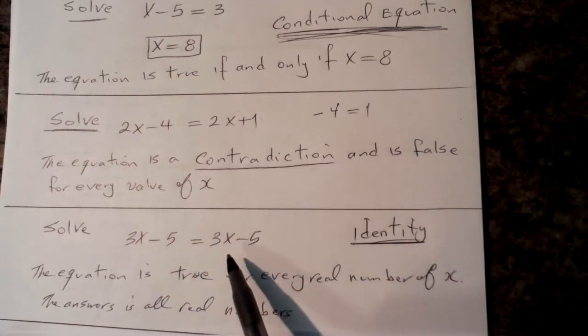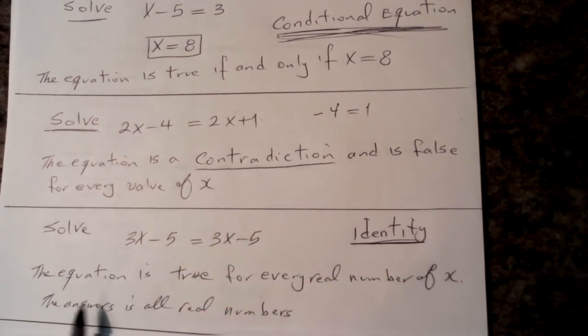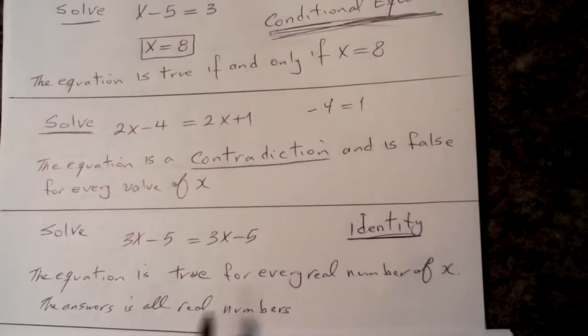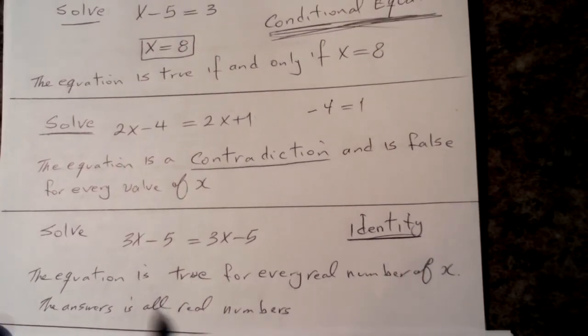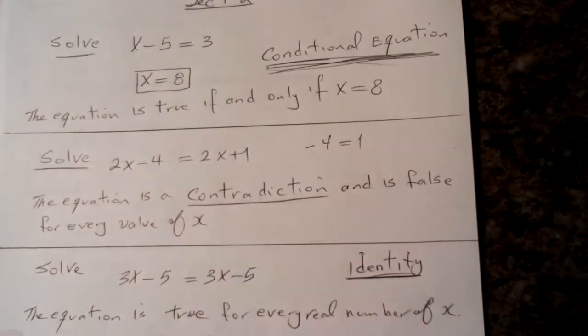Every single number that you select for x and substitute, it works because both sides always turn out to be equal. This type of equation is true for every real number x. And what's the answer for this? All real numbers. They call it identity equations. So you either have infinite answers, no answer, or one answer.